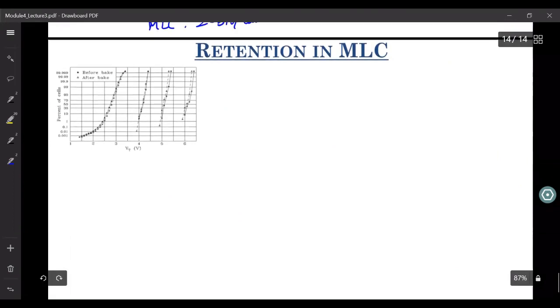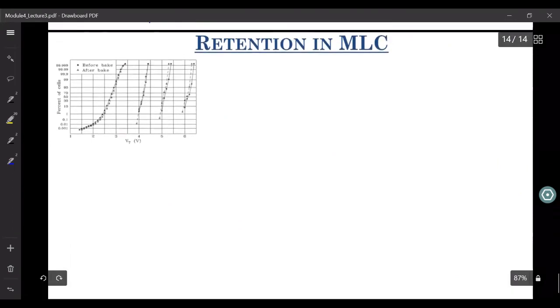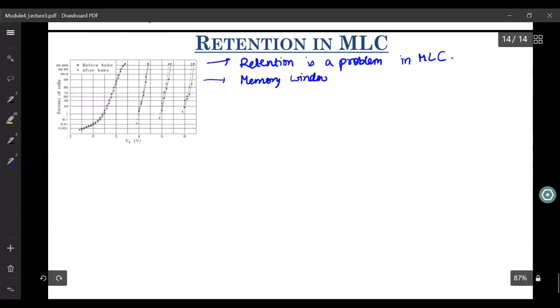So let me write it as well. Retention is a problem in MLC. Why so? Because now your effective overall memory window is divided into several small windows.